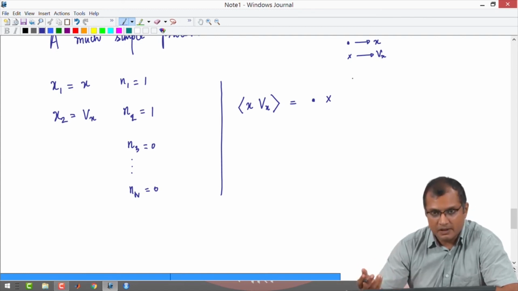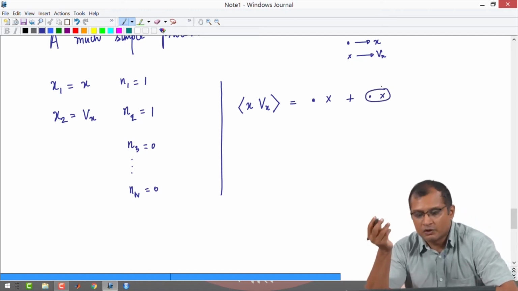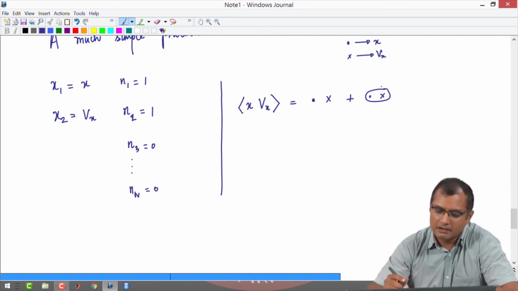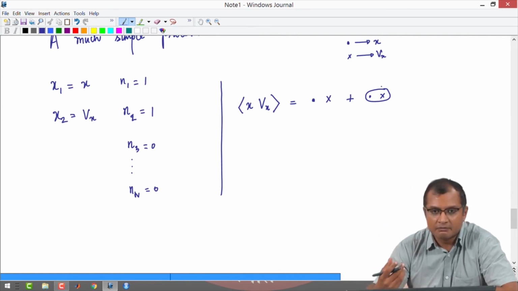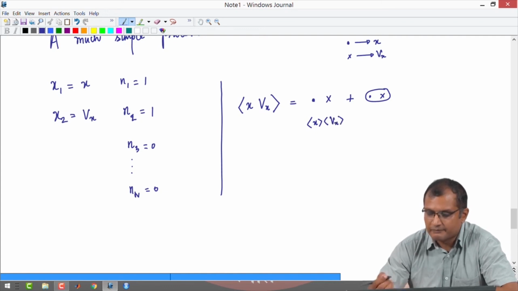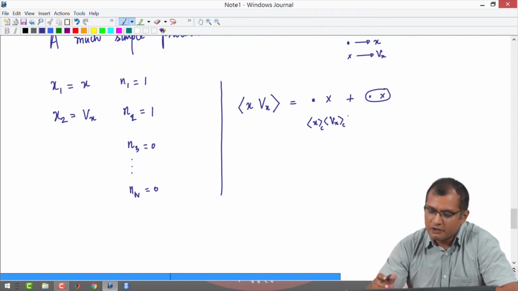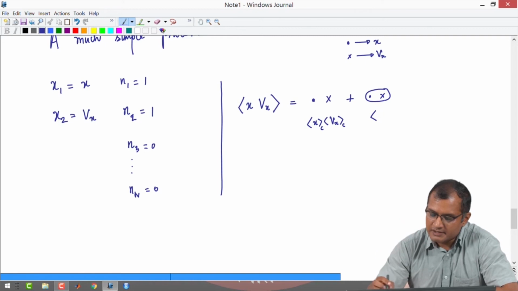I can leave them disconnected, or I can connect them. When you leave something disconnected, then it is basically a moment. So this is nothing but the moment of x into the moment of vx, which is also their cumulant. We know that the first moment is also a cumulant, and when you make them connected, then this is simply a cumulant.